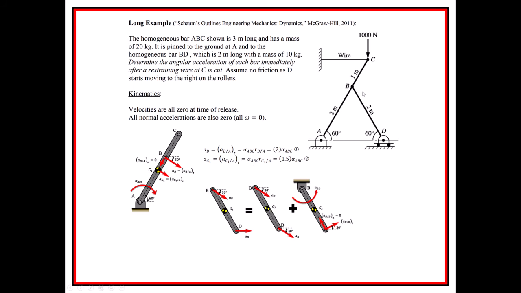Now if we want to take part BD, remember this is not pure rotation. This thing is translating and rotating at the same time. So we know the acceleration of B right here is downwards at an angle of 30 degrees because it has to be tangential to B right here. We also know that D has to be in the horizontal direction.